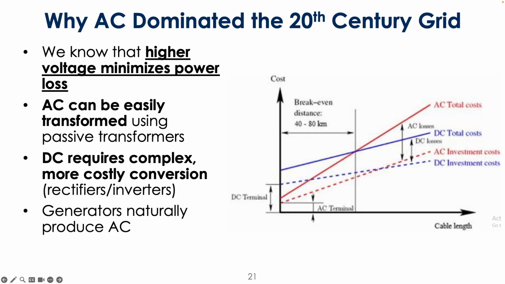At certain voltage ranges and distances AC is typically cheaper, but DC will catch up at some point. I'm going to come back to this in a little bit. We'll talk about some of the really long distance lines being operated in DC as opposed to AC. So we'll come back to this in just a second.